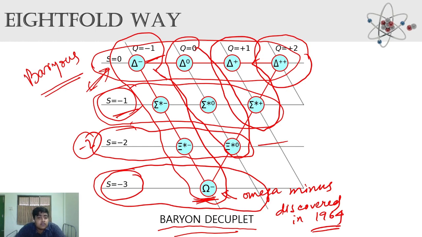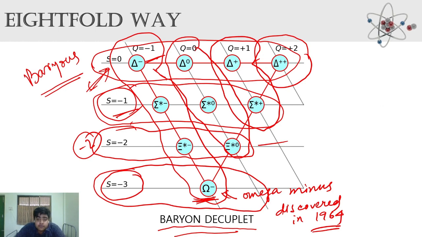The eightfold way was given by Murray Gell-Mann and Yuval Ne'eman. Murray Gell-Mann was an American physicist, and Yuval Ne'eman was an Israeli physicist. Yeah, so they were influenced by Buddhism.